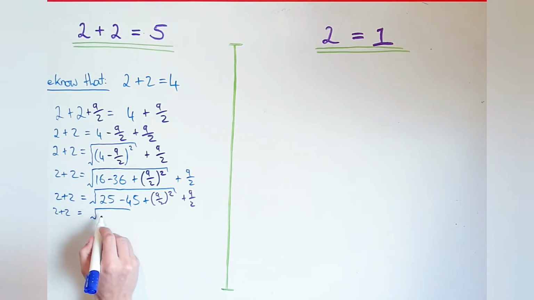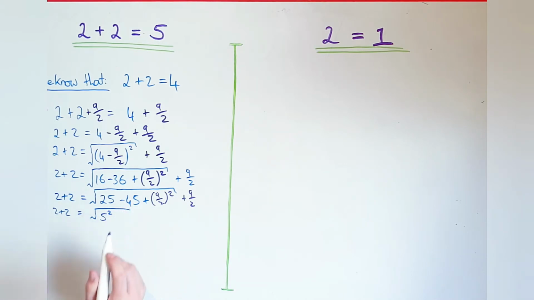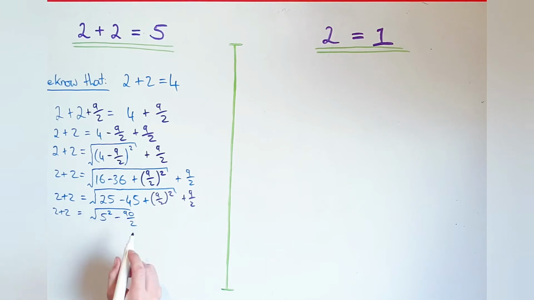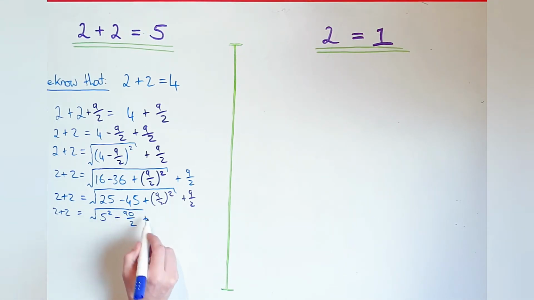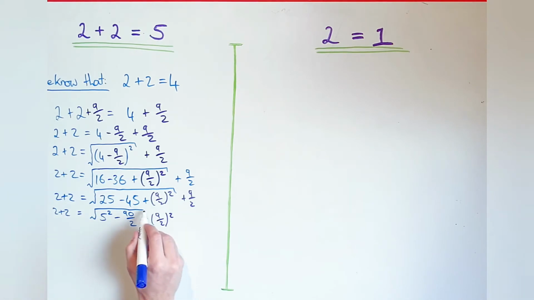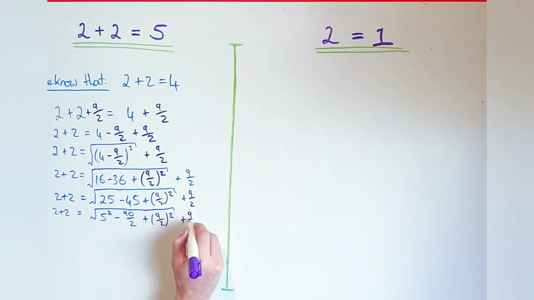So 25 we know is 5 squared. And then a way of rewriting minus 45 would be minus 90 over 2, because 90 divided by 2 is 45. So no issues there. And then we still have our 9 over 2 squared, and that's all going to be under the square root. And again, we still have our plus 9 over 2 on the outside.